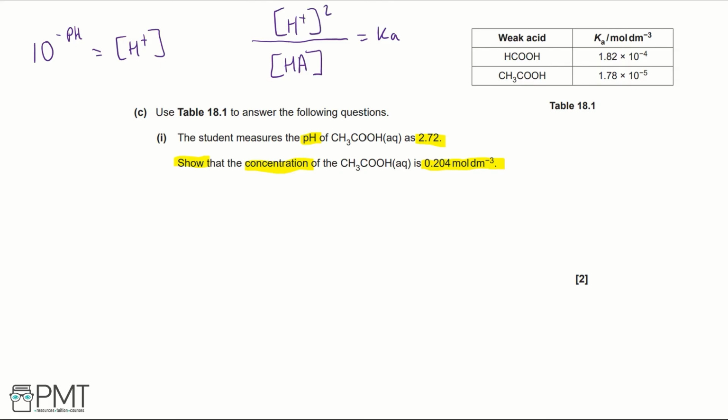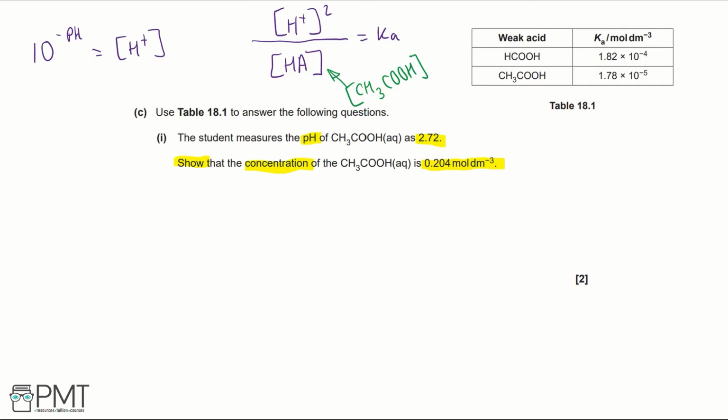Now we can use these 2 equations to start working out the concentration of ethanoic acid, which is going to be this HA. This is going to be CH3COOH as its concentration, which hopefully should be 0.204 moles per decimeter cubed.